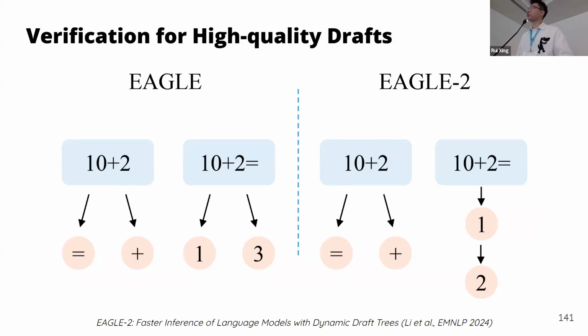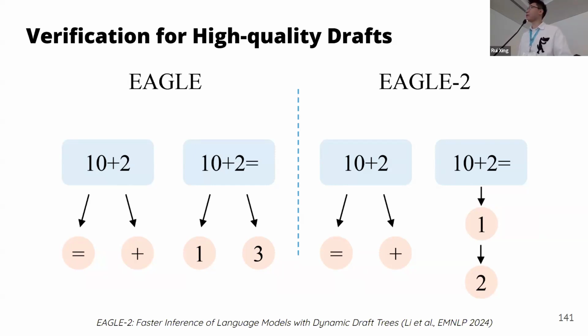And Eagle 2 mentions that we should always keep in mind the context dependency, and we should adjust the draft token tree architecture based on our context. In this way, we can allocate more capacity, more computing resources, to explore the tokens with high possibility to be accepted.